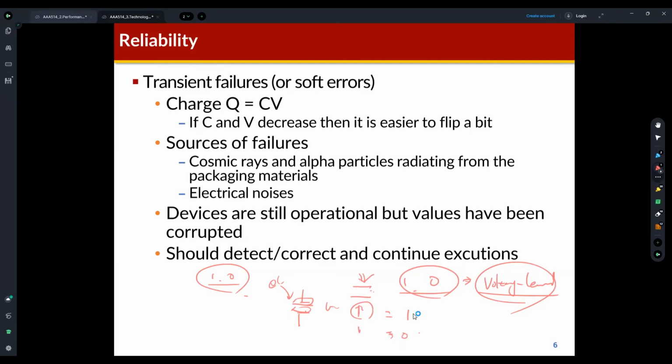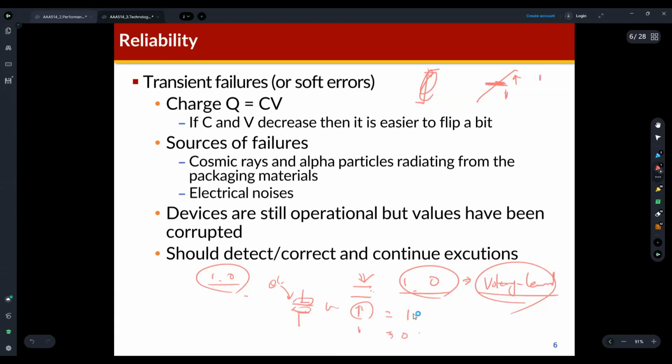So actually, the data stored in memory components, the data in the digital circuits, are determined by the amount of electric charges. Okay, so the benefit of the digital system is that it's the voltage level, but based on the threshold voltage. If the voltage level is higher than the threshold voltage, we can say that this is 1.